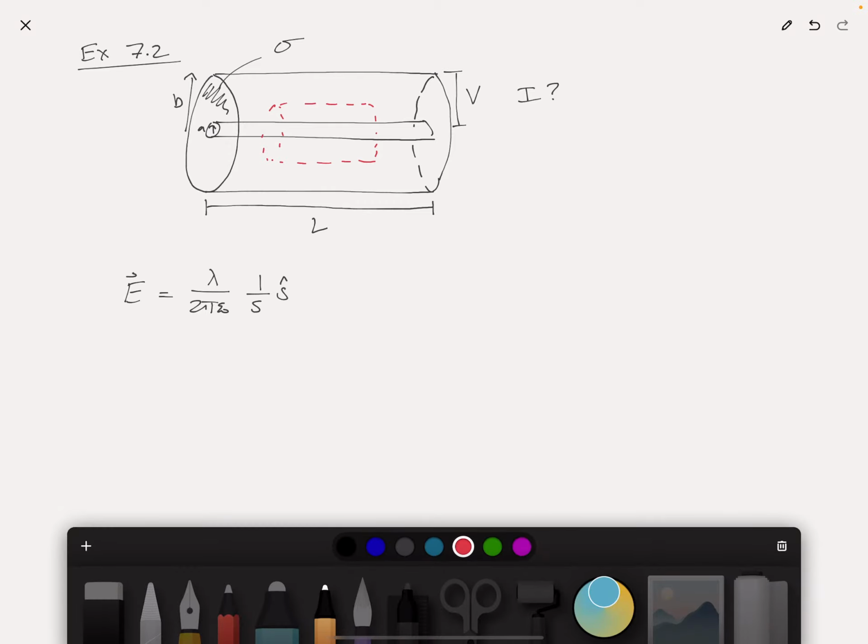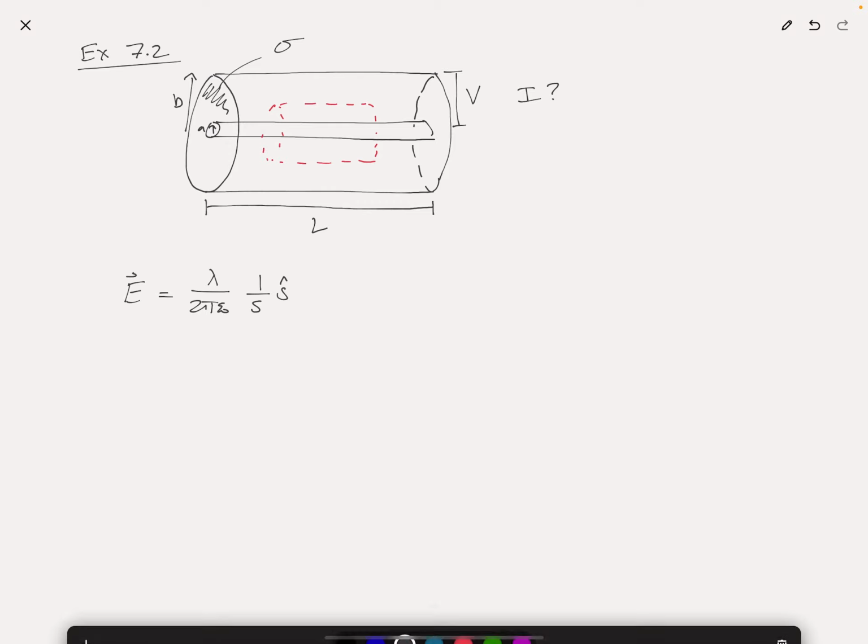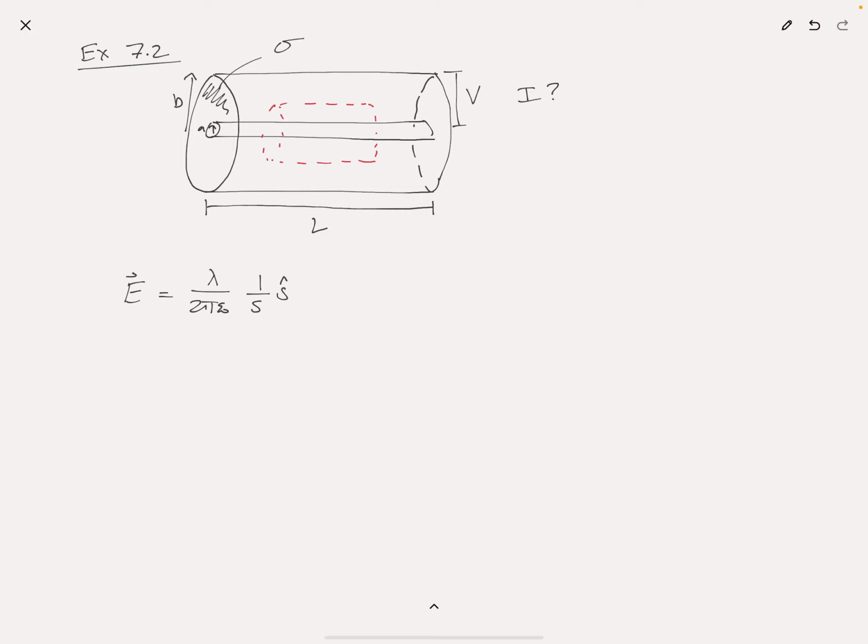Okay. We're going to hold on to that. And then I know what the total current is going to be. We're actually going to do this now instead of just giving the answer like in the previous example. That is going to be the integral of sigma E dot dA. Those two different bits of that equation are from Ohm's law.